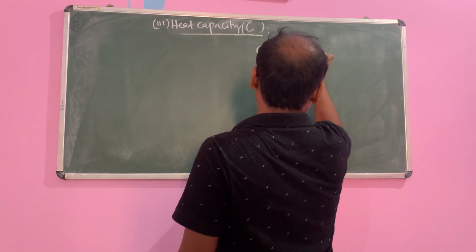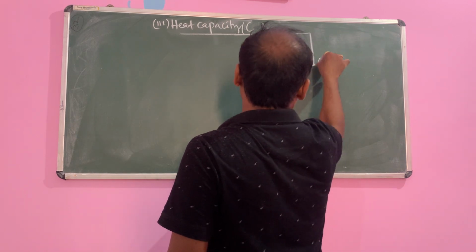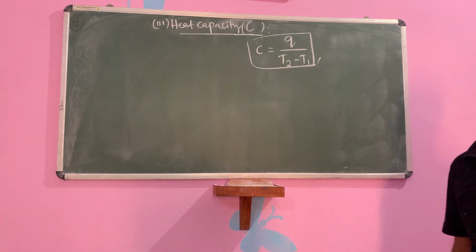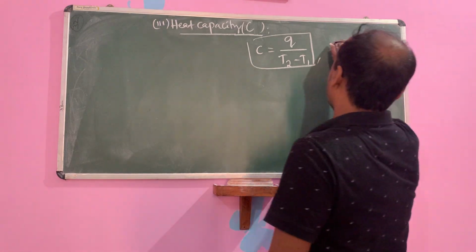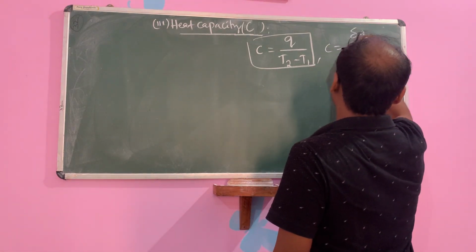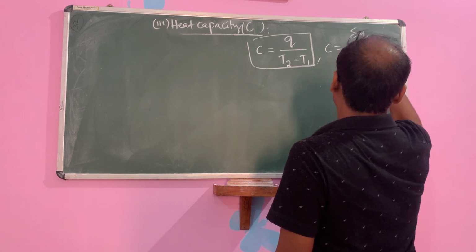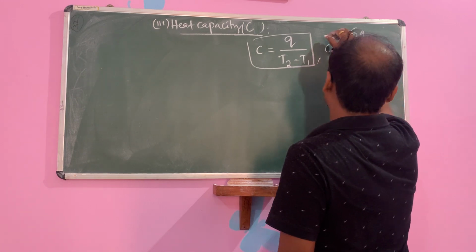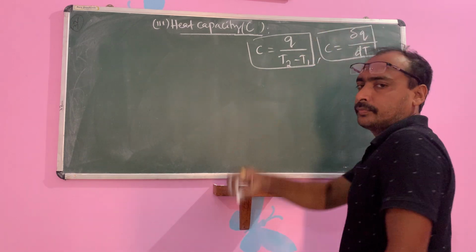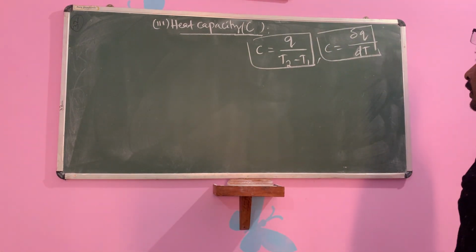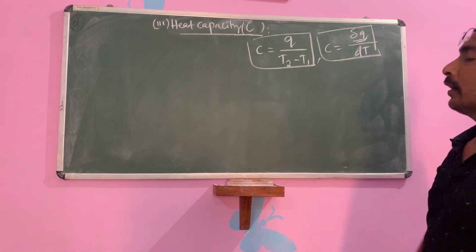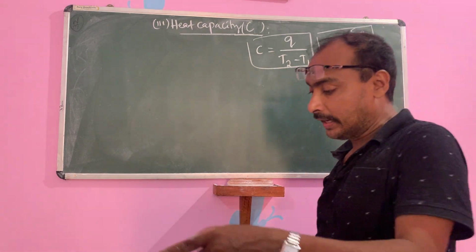This is the formula of heat capacity. Or you can write C is equal to del Q by dT, where del Q is the small heat.